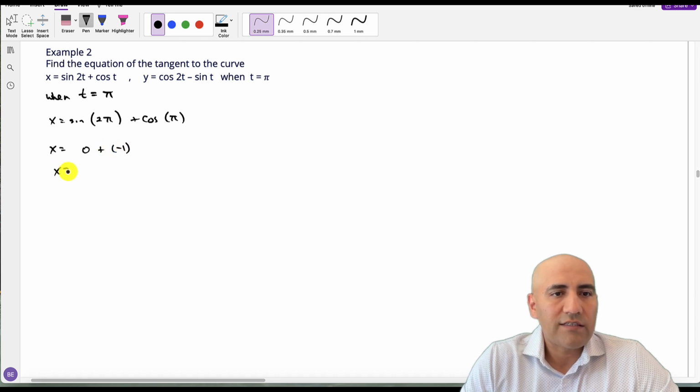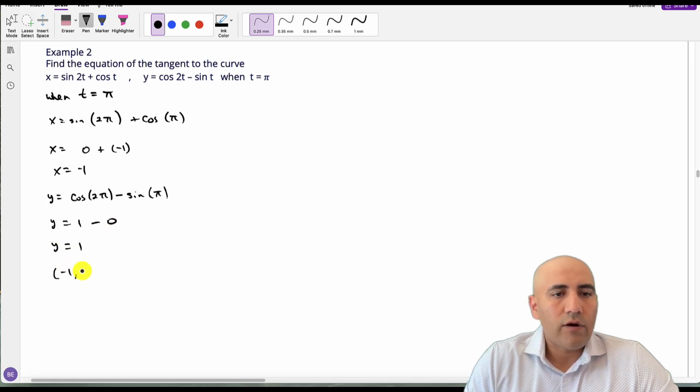So we end up with x equals negative 1. And likewise, y is going to be equal to cosine of 2 pi minus sine of pi. Cosine of 2 pi is 1, minus sine of pi, which is 0. So we get y equals 1. So we have the ordered pair negative 1, 1 when t equals pi.